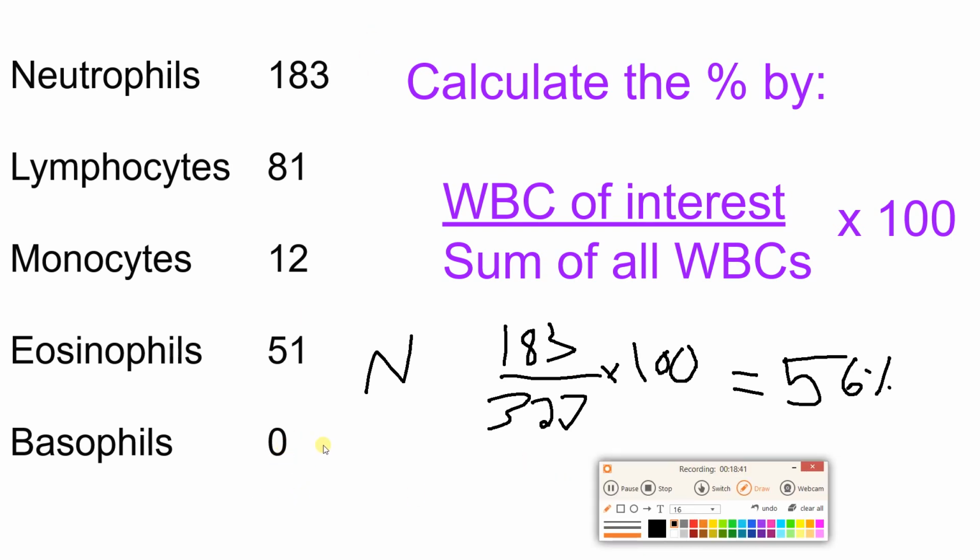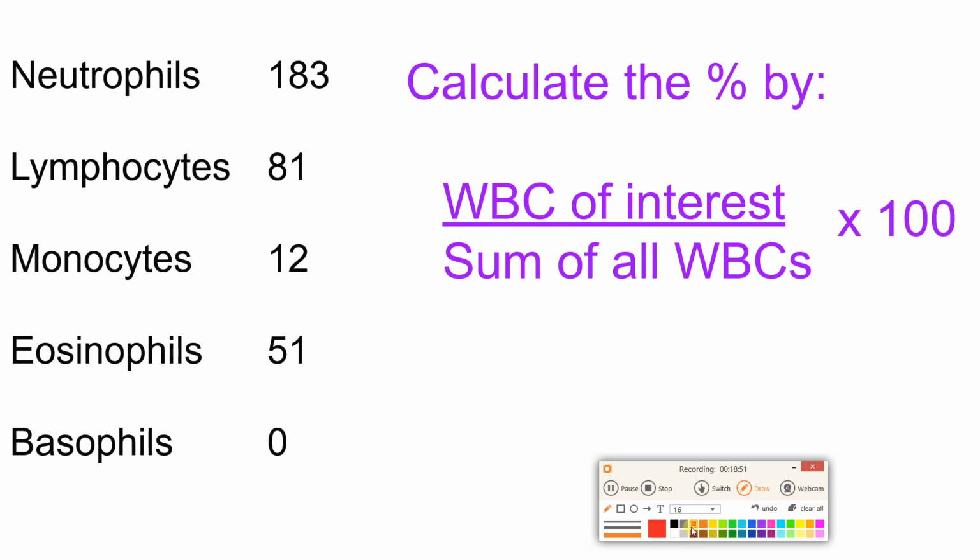Obviously, basophils, I'm going to end up with 0%. Let me write it in a new color. 56% for my neutrophils.